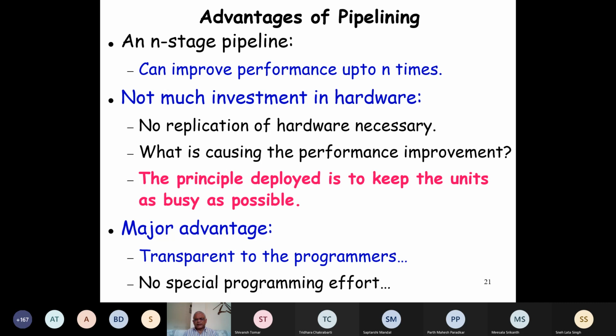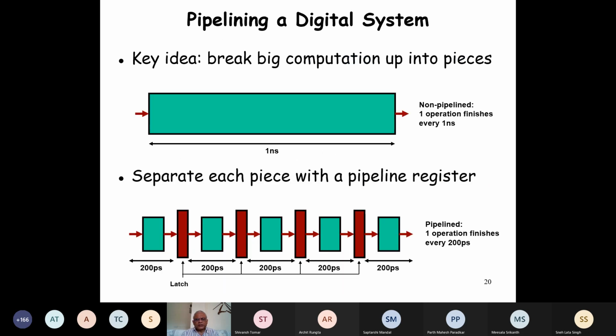So how do the different components work at the same time when we pipeline? Okay, very good. Archit says that we are keeping the units busy. See, earlier, once the initial part of the computation was complete, it used to idle and the other parts used to take up.